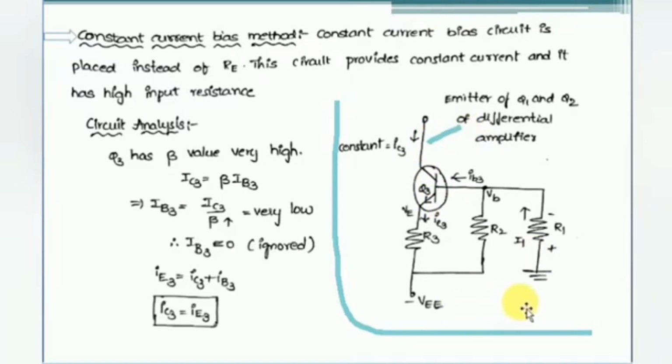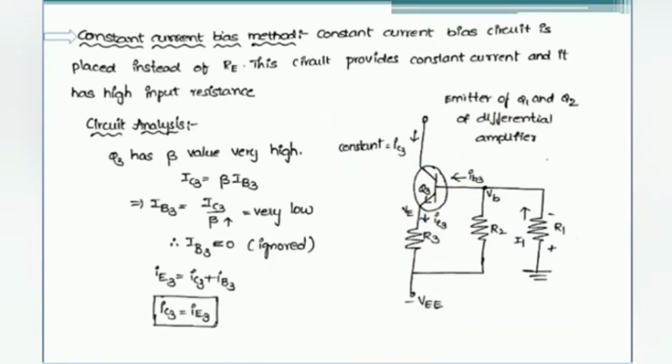Mathematically, we have to prove that the current entering transistor Q3, which is the collector current IC3, and the current flowing through the emitter terminal of Q3, IE3, should be the same. We also have to find the value of IE3, and maintain it in such a way that we obtain a constant current flowing through this network.